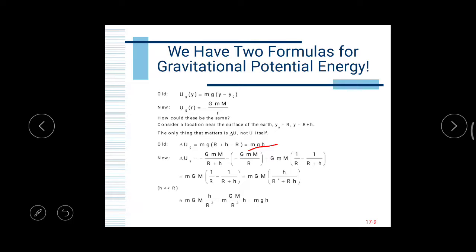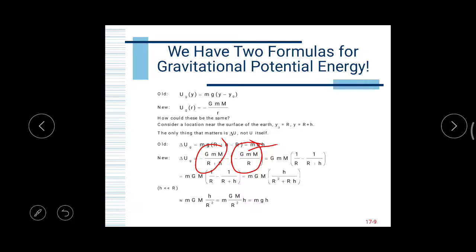So on the basis of the general equation that we have derived now, that is minus G M m divided by (r plus h), the potential energy at the point h, and the second one, minus G M m divided by r, the potential energy stored at the surface. So this variation between them we are going to consider. That will be equal to G M m into (1 by r minus 1 by r plus h).